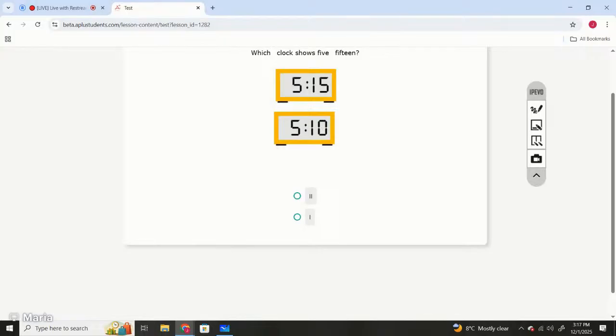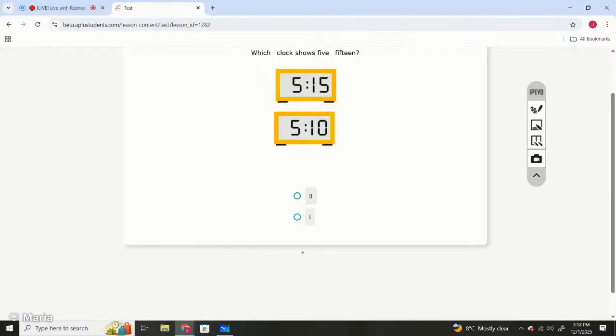Which clock shows 5:15? 5:15 it is. Very good. The first clock is the correct option. That shows 5 hours and 15 minutes.